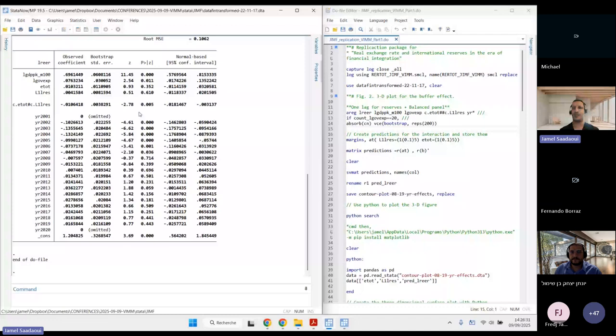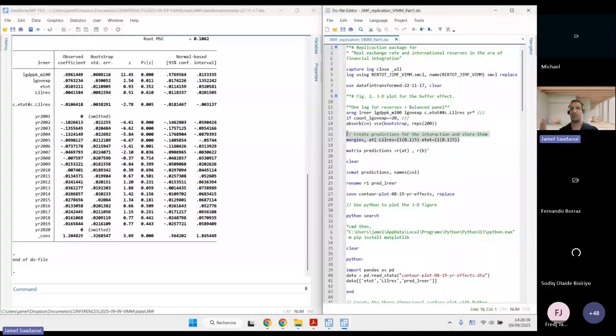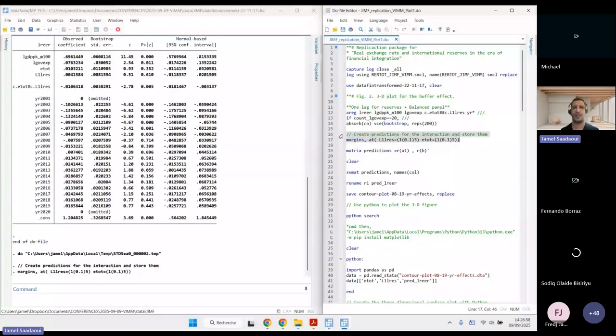With the interaction term, I will pass to Stata the linear prediction using margins. First, I compute the linear prediction of the real effective exchange rate using this margins command, and I will pass the prediction into a matrix. So first, we estimate the margins, thanks to the previous estimation that you just did.